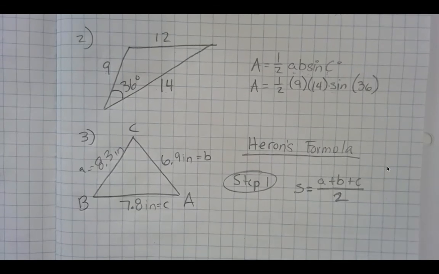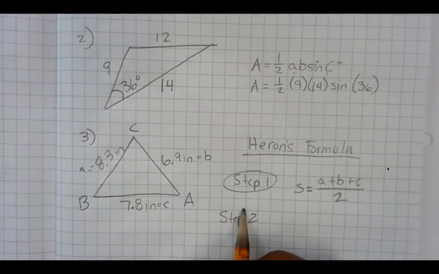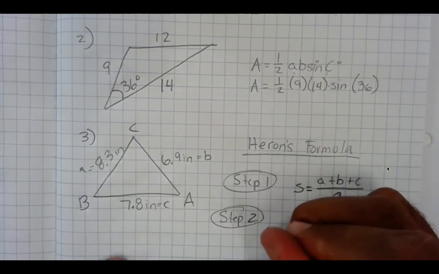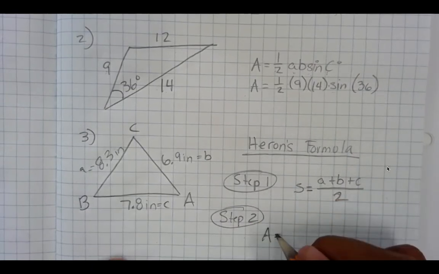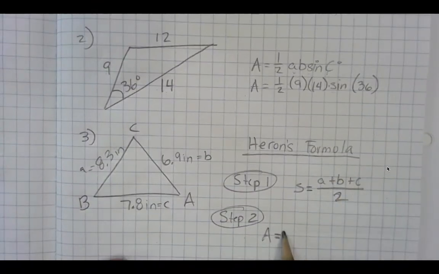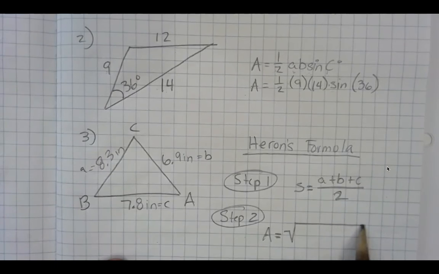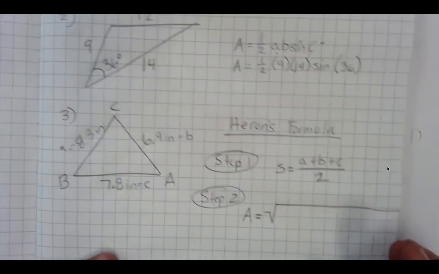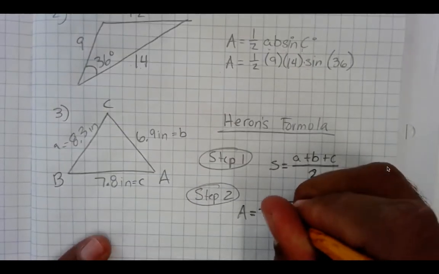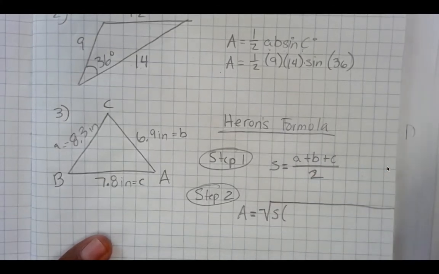Again, this is 2 steps. There are 2 parts to the formula. Step 2 is the actual area formula. Essentially the S is just half the perimeter, which is why it's important to make sure you have all 3 sides. For the area, you're going to do the square root. It's going to be a long one. The square root of, starting with the S, and then parentheses.